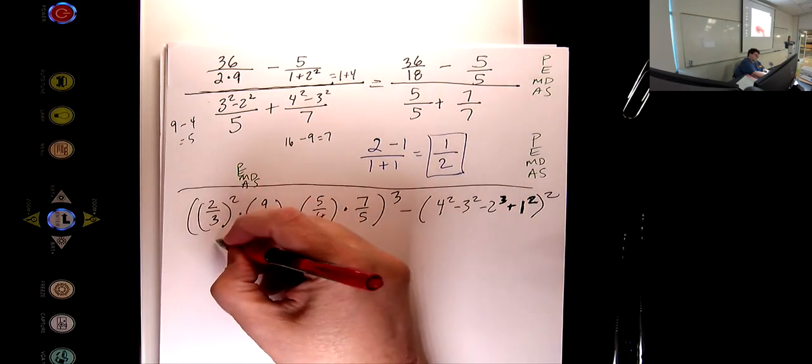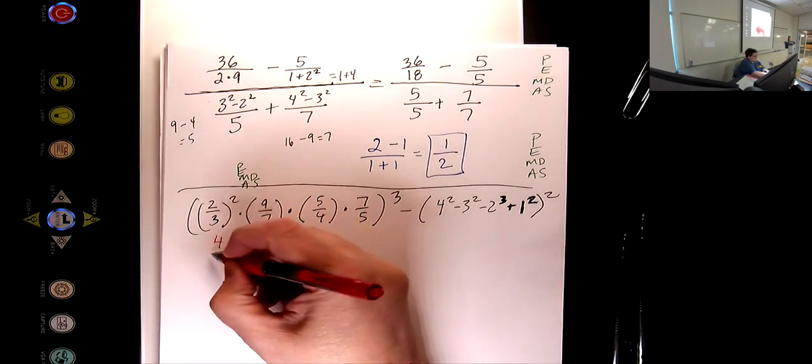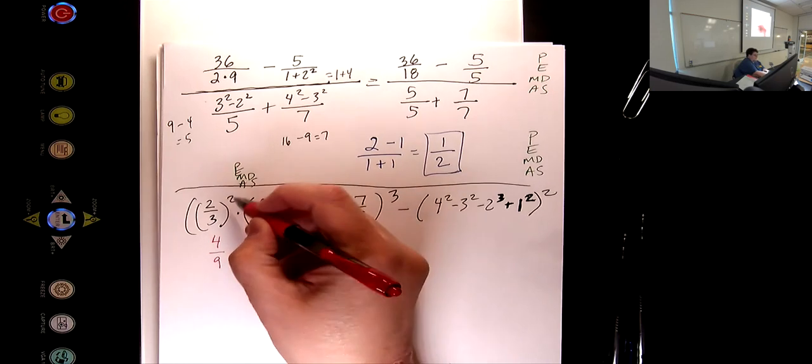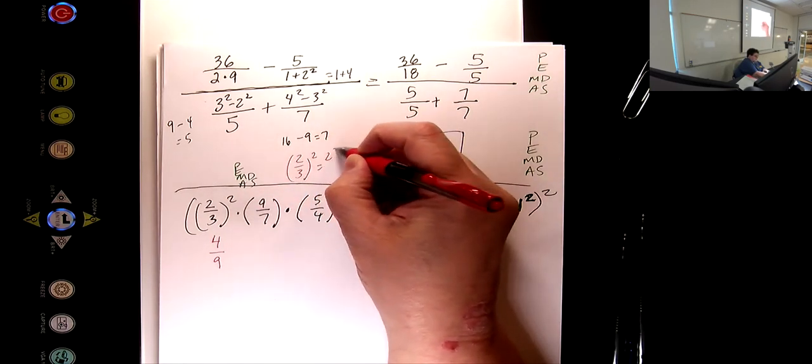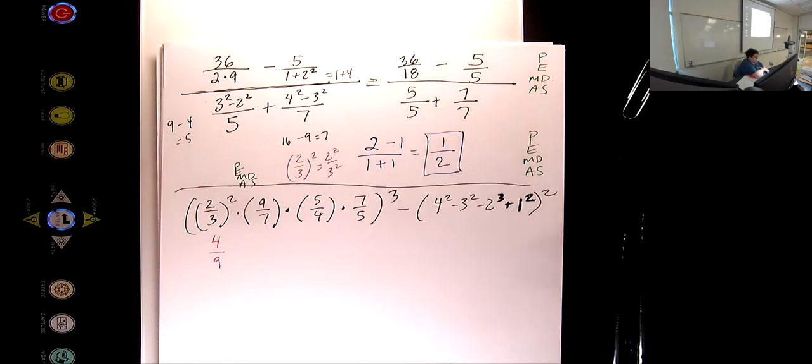Exponents gets us 2 squared is 4 and 3 squared is 9. When you have a fraction and you put a square on it, it's the same thing as the individual pieces squared.